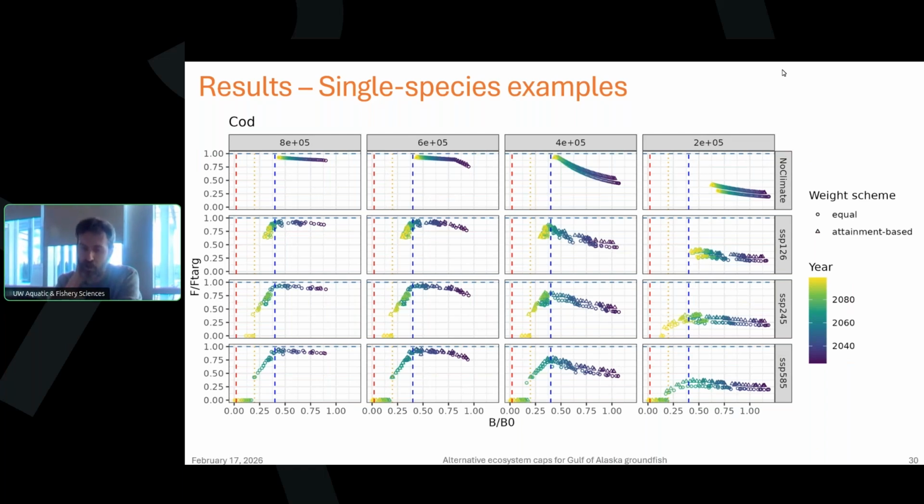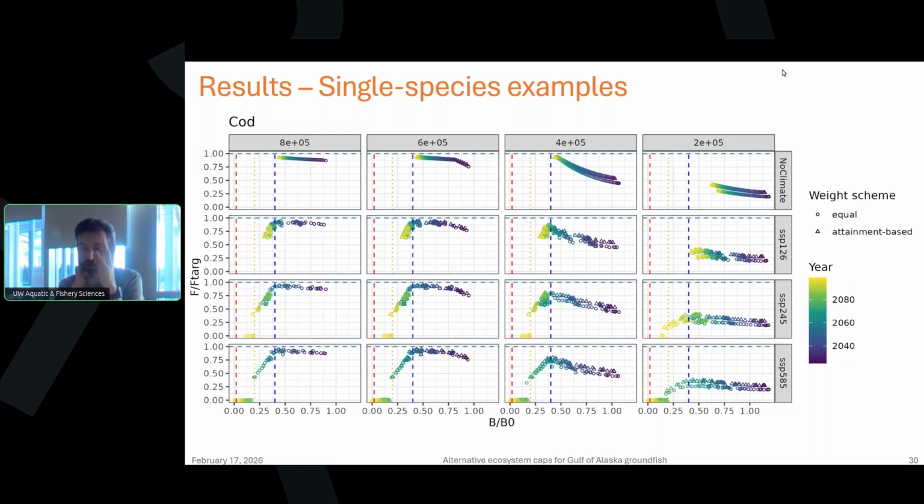The 400,000 cap shows you the whole idea of applying these ecosystem caps and what that does to the single species HCR, and that's been shown plenty of times. But that's basically a way of banking biomass as you get close to B0, maybe even beyond B0 in some cases.